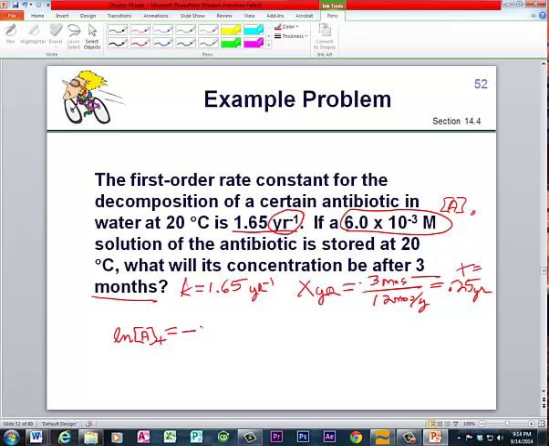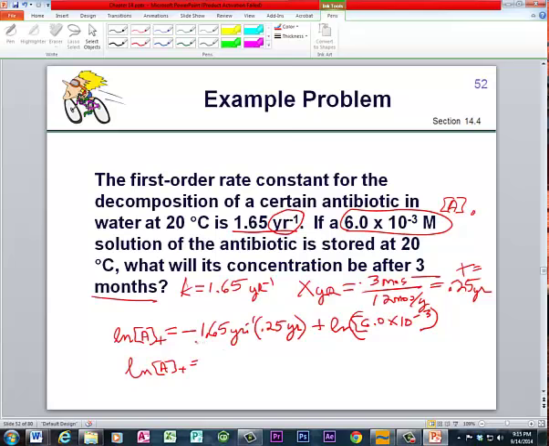So we have the log of A at time T is equal to minus 1.65 per year times time, which is 0.25 years, how much time goes by, plus the natural log of the starting concentration, 6.0 times 10 to the minus 3 molar. So that's how much we start with. So what we're going to solve for is the log of A at time T.